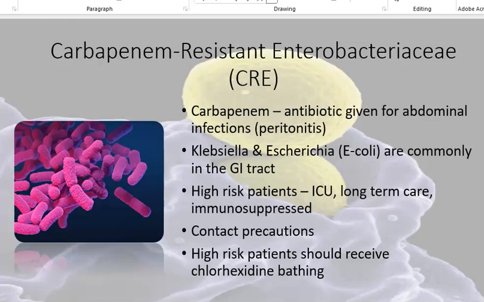So high risk would be in the units, long-term care, and then of course your immunosuppressed patients. They will be in contact precautions. The CDC also recommends chlorhexidine baths to prevent spread and to decrease colonization of this as well.